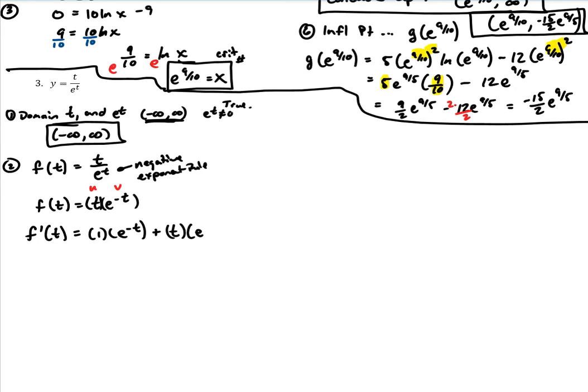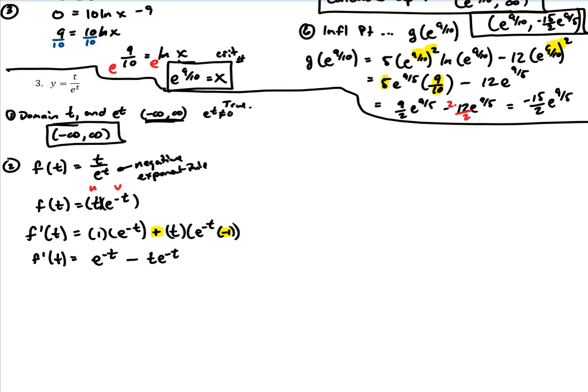Now the derivative of v is itself, e to the negative t, times the derivative of the power, which is negative 1. The derivative of negative t is negative 1. Now we can start to simplify. So f prime of t, I would have e to the negative t, and then the plus and the negative 1 make that a minus, so it's minus t e to the negative t.